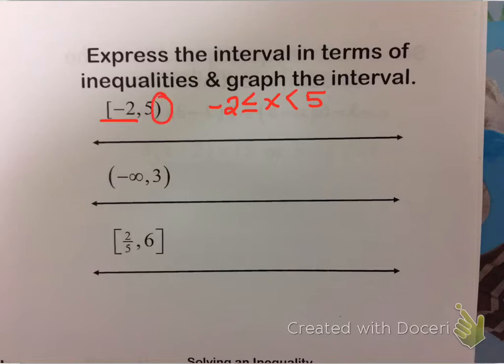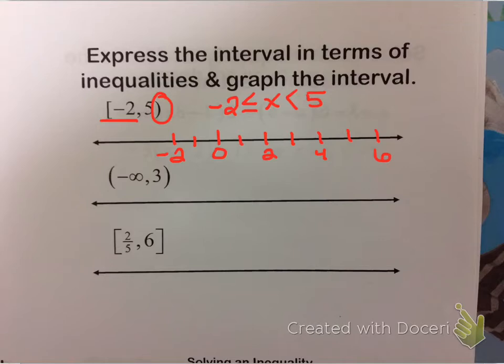So on a number line, what that would look like, if this is, I guess, about where 0 would be. So there's negative 2, 1, 2, 3, 4, so there's 5. And so if I wanted to graph this, there would be two ways.